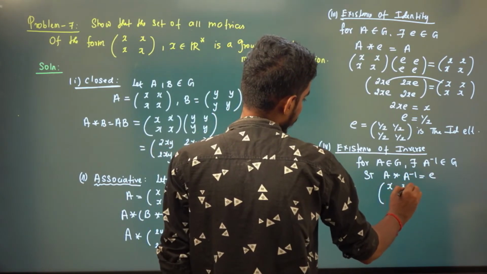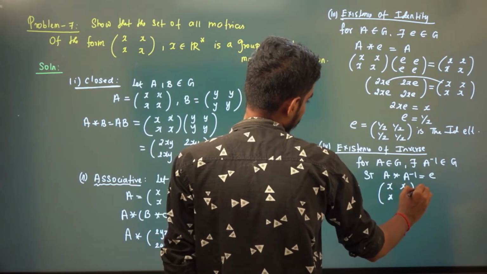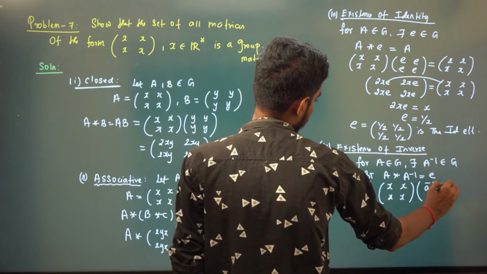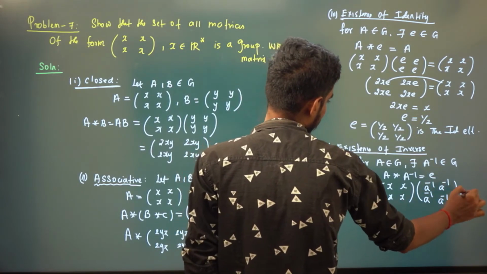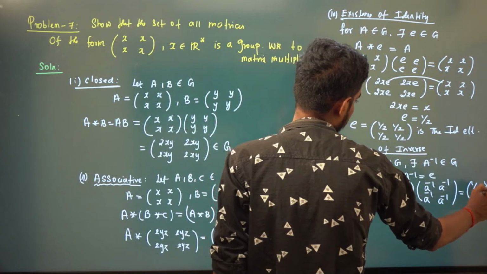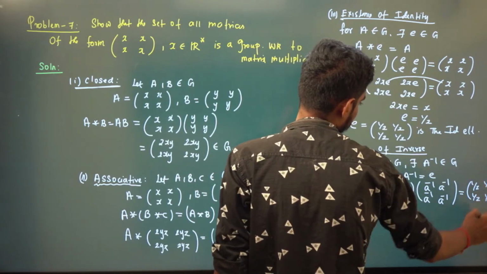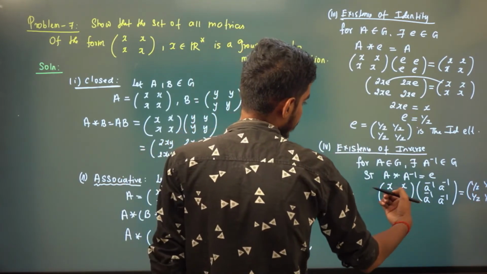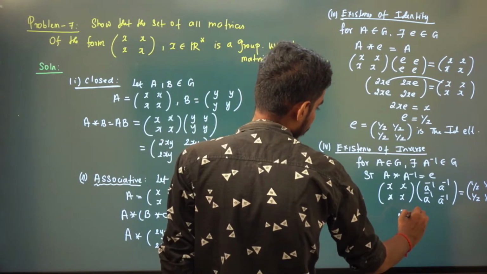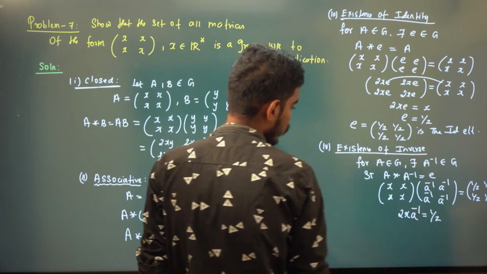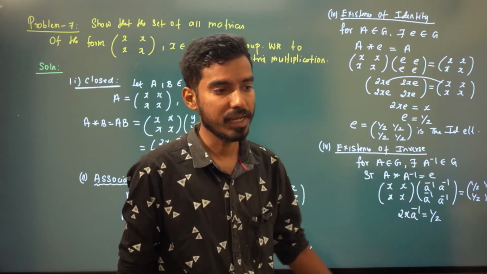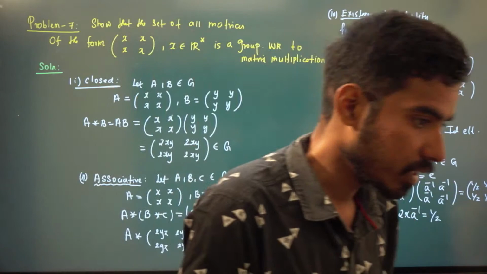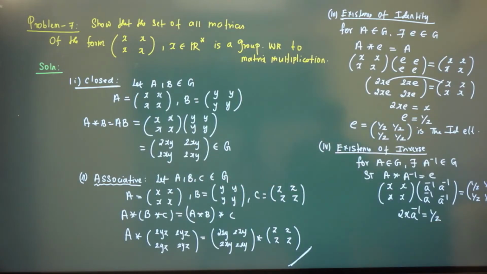Let us take A to be [x, x; x, x] and A inverse to be [a, a; a, a], you can take anything, equal to E, which is [1/2, 1/2; 1/2, 1/2]. So we will have 2x times A inverse equal to 1 by 2. You will have a 2 by 2 matrix here, and compare the first element.